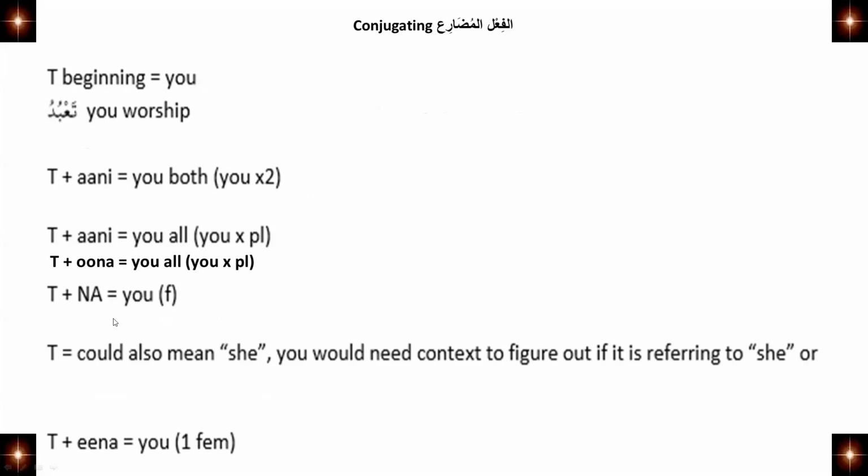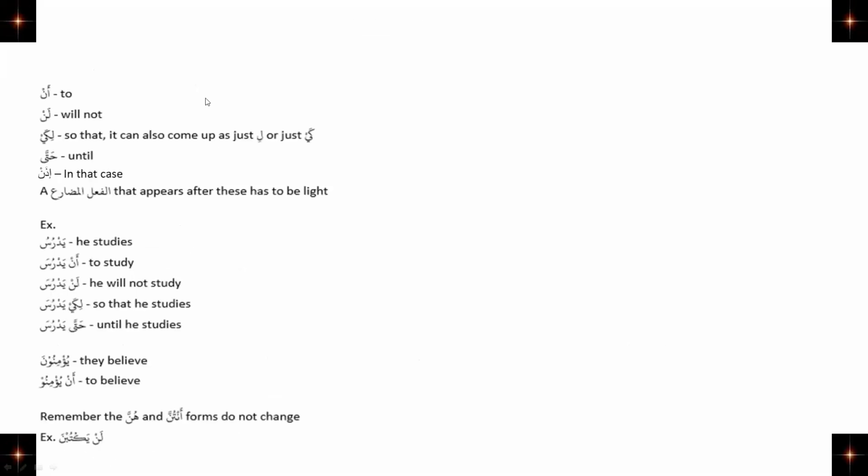And ta and na, ta'budna, for all of you, feminine. So ta could also mean she. Here ta'budu, here tadrusu. You would need context to figure out if it is referring to she or to you. Ta and also ina, like ta'kulina for feminine. So second person is about ta.